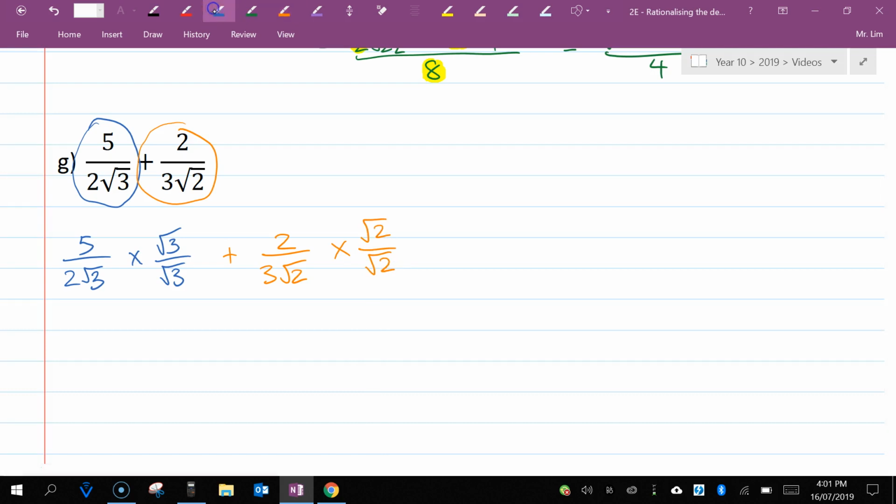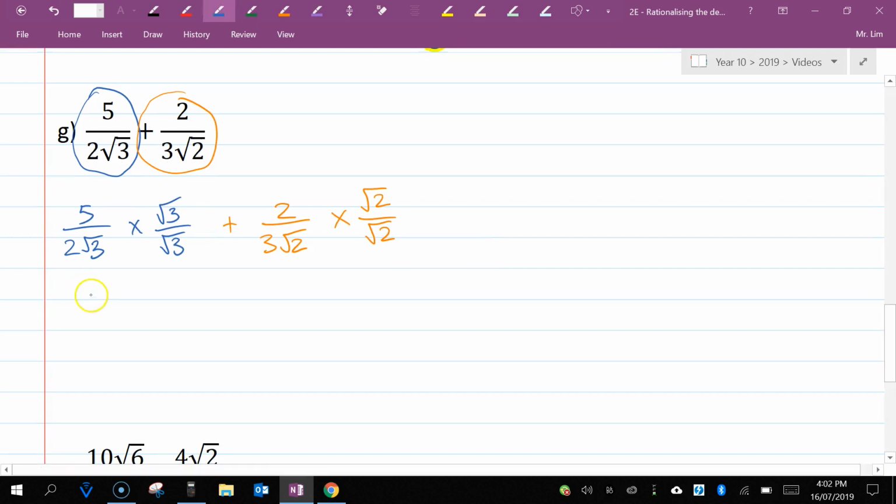So, the first one, 5 times root 3 is 5 root 3. Root 3 times root 3 is 3, and 3 times 2 is 6. 2 times root 2 is 2 root 2.